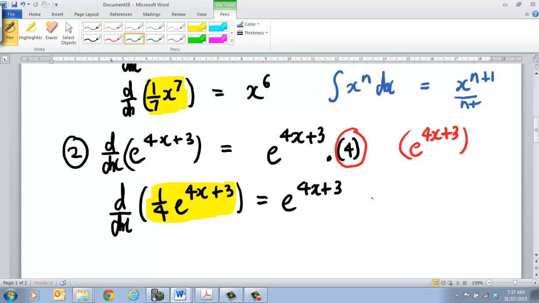This rule here would be the integral of e to the ax plus b dx, then that's going to be equal to 1 over a e to the ax plus b. Don't forget that we would have to add on the c value as well.